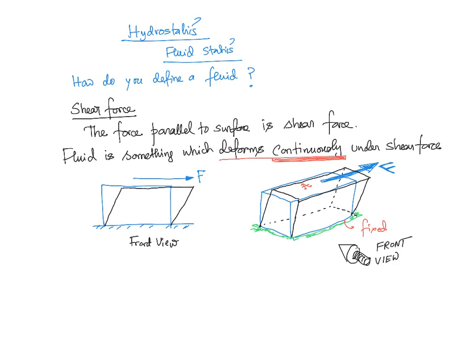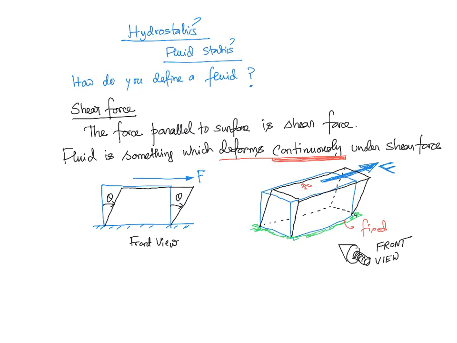From the front it will look like this. So it will deform by a certain angle theta. Later on, in a separate topic, we'll learn about stress and strain. We'll learn about shear force and deformation under shear in more detail.